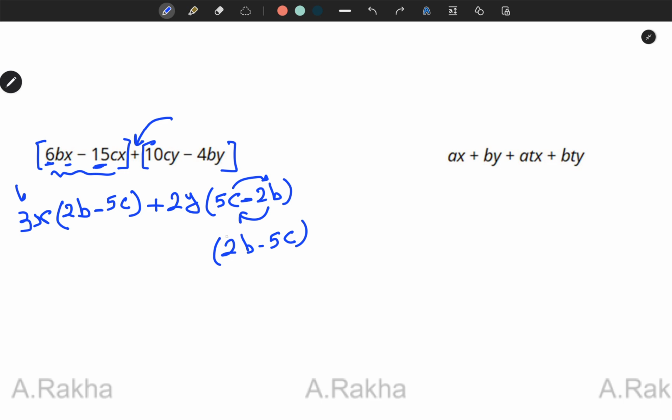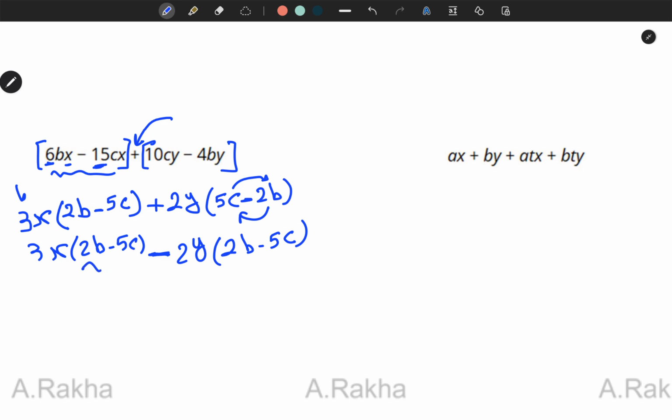What should we do now? Will we just switch them? No. Here 2y is the same, but the sign outside here will be changed to minus, because this minus, if it's distributed inside, it will go back to this one. And the first one here is the same, 3x(2b minus 5c).